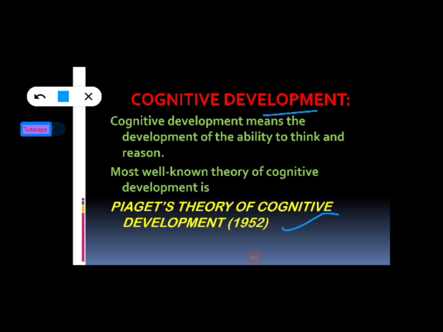Development includes the cognitive, the affective, the mental, the physical, the psychological, etc. So cognitive development is one of the branches of the development of the human body.